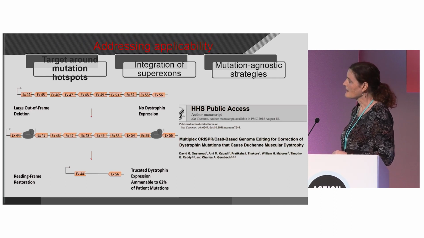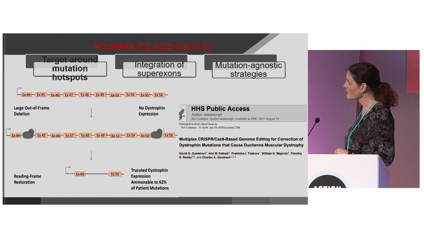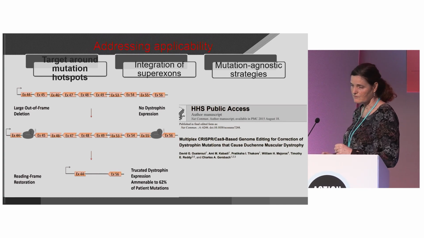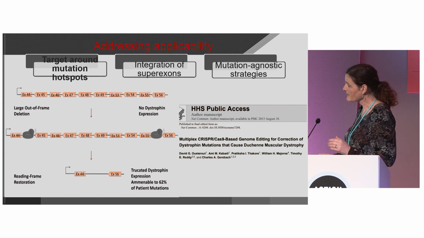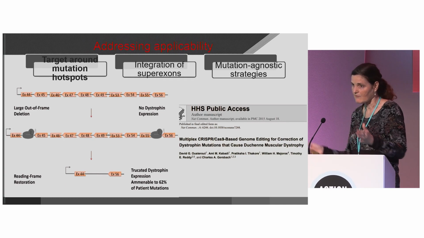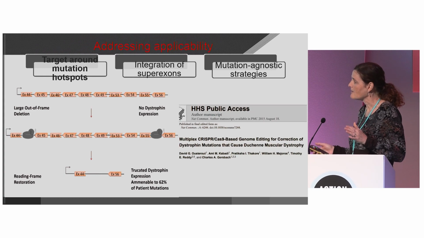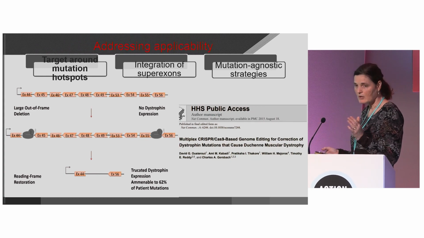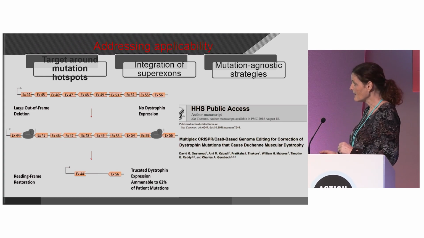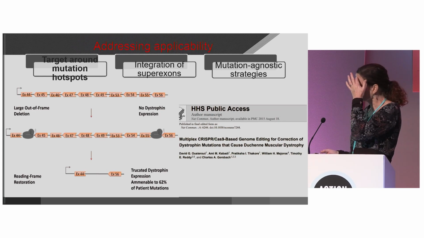If we use Cas to cut before exon 45 and then after exon 55, in theory the end that's cut here could be joined together with the end that's cut here, and we get that big deletion of exons 45 to 55 removed, and then we'll have a working gene. This therapy would be applicable to 62% of patients.